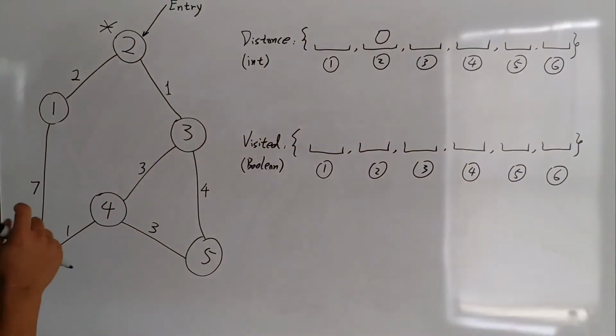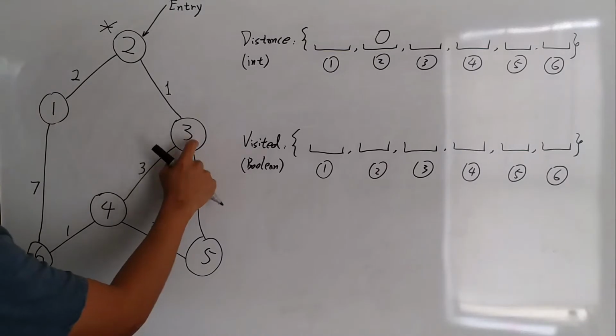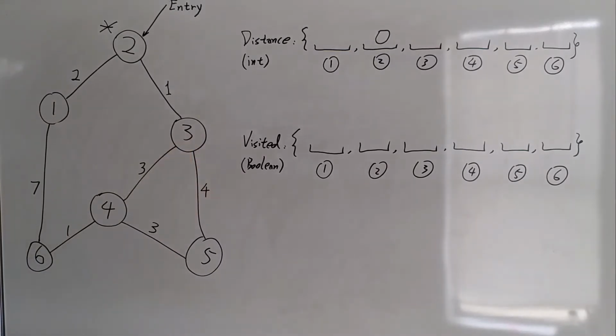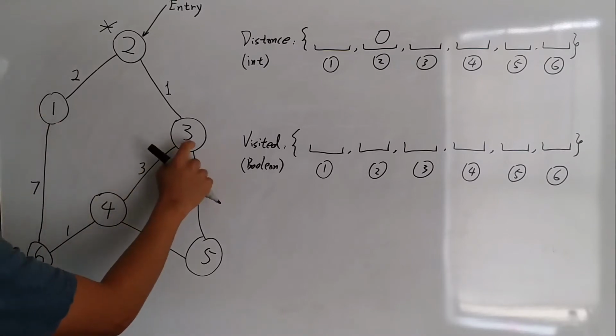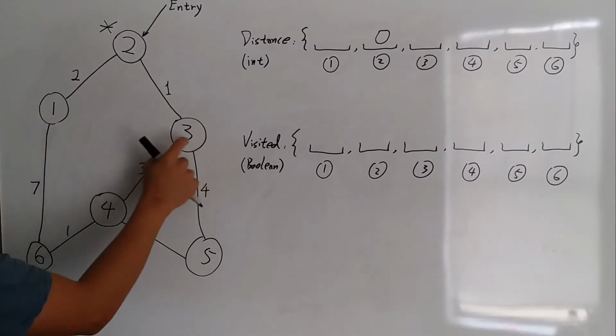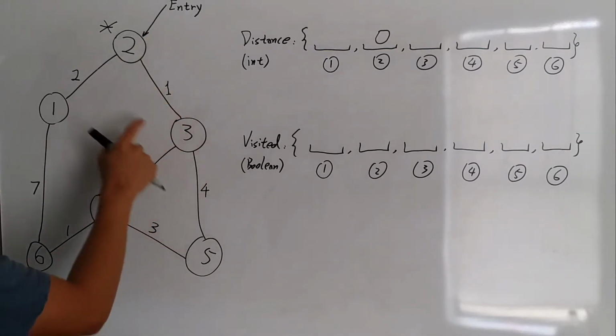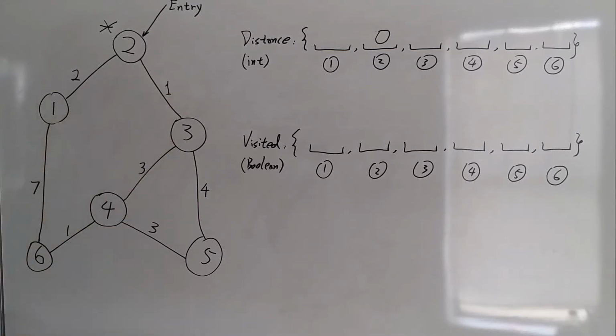And then we have to find out the neighbors for node 2. The neighbors are 1 and 3. So we need to check the distance for 3. What's the distance from 3 to the signal? You can see we only have this distance, so the distance is 1.